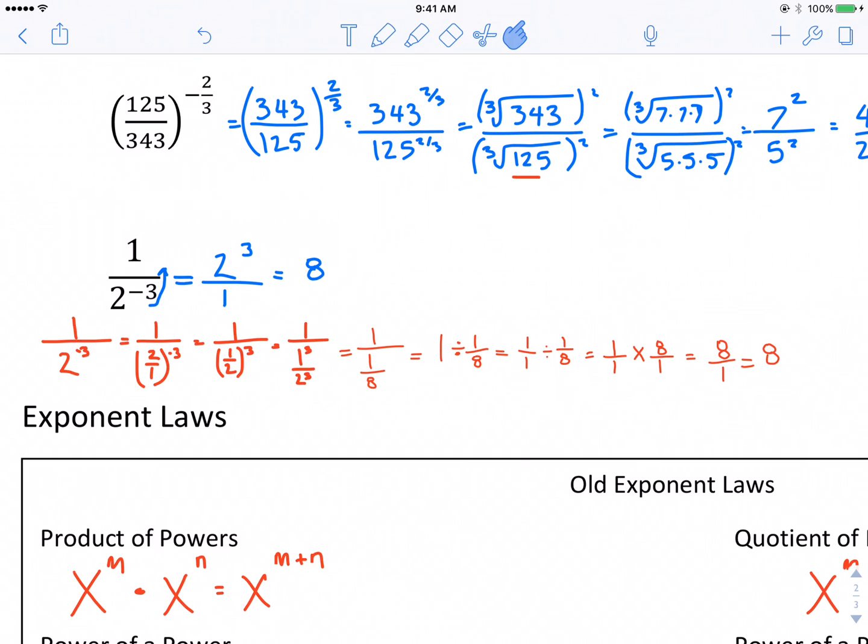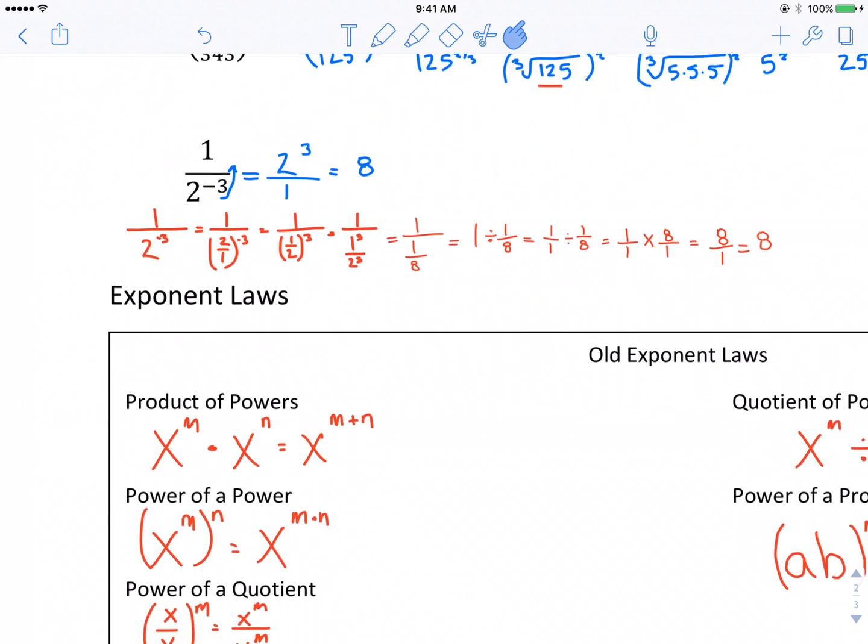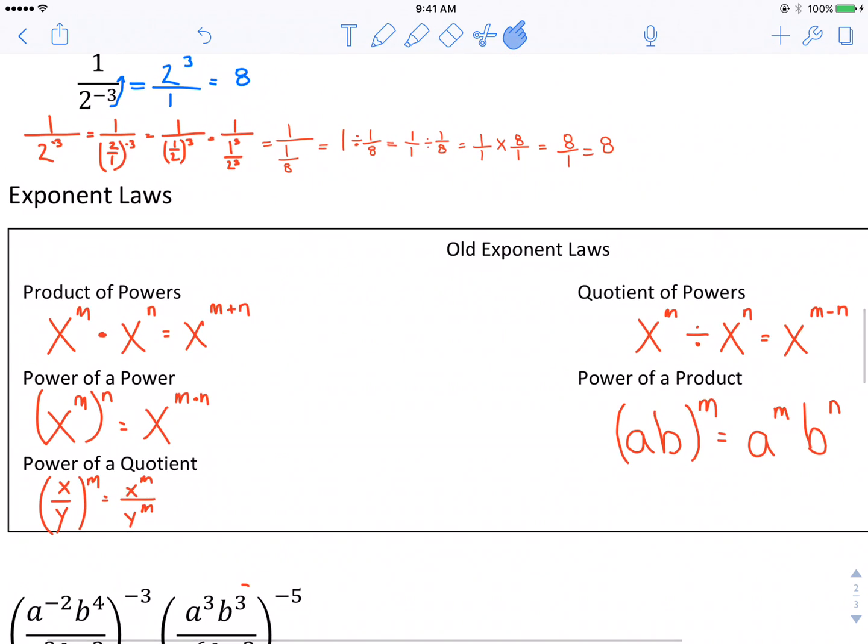4.6, the fun part of chapter 4. I find it the fun part of chapter 4. Exponent laws. So now we take that idea of negative fractional exponents and apply it to all of the different exponent laws that we have from last year. The product of powers: if I have the same base and I'm multiplying them, then I add the exponents.